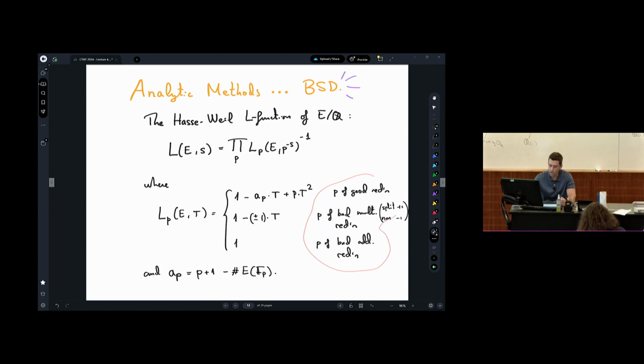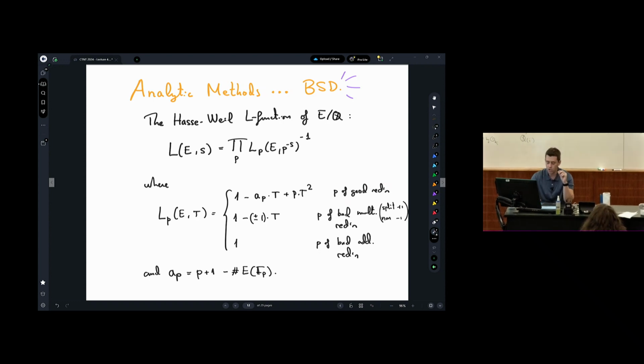It depends on the reduction of the elliptic curve. We know that the bad primes divide the discriminant of my elliptic curve, so there's only finitely many bad primes. So for almost all the primes, which are of good reduction, the L factor, the L polynomial, where I'm going to plug p to the minus s for t, is this polynomial, where a_p is what we call the trace of Frobenius, and it is actually the error in Hasse's bound.